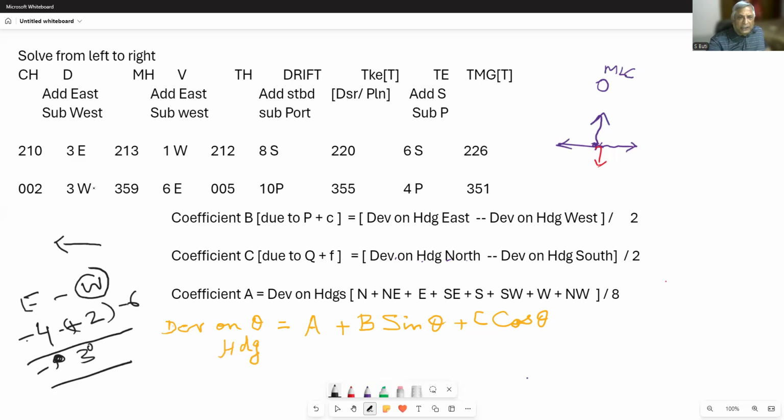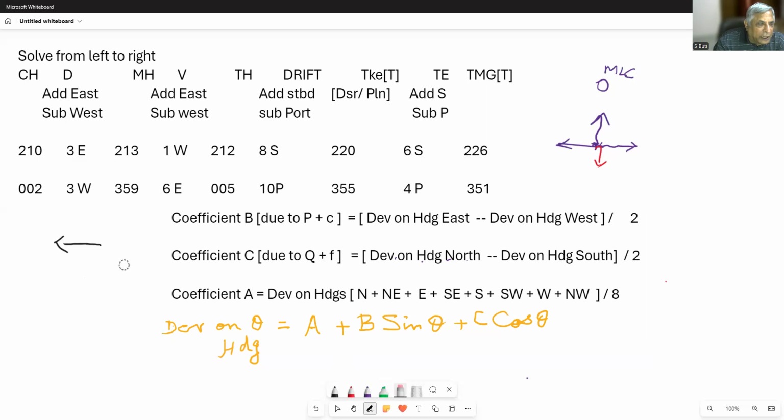Deviation on heading east minus deviation on heading west divided by 2 is coefficient B. And deviation on heading north minus deviation on heading south divided by 2 is your coefficient C. After these two coefficients have been corrected, so far what we had carried out was correction swing.